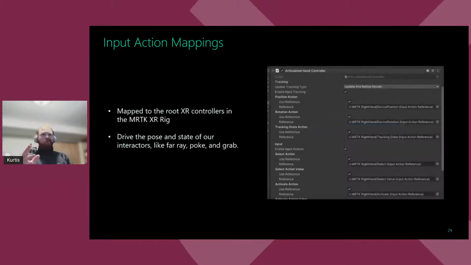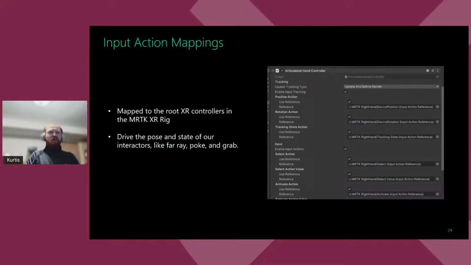And then those input actions get mapped to, like I said, things in the scene, right? In this example, that is our root XR controller. We have this articulated hand controller, just so that we can add the context of hand joints on top of the base controller.